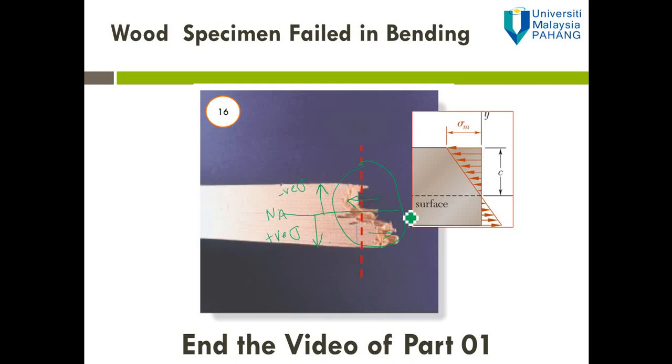Then the fracture surface will look like this. So this is one example of how the fracture surface of the material looks when it fails in pure bending.